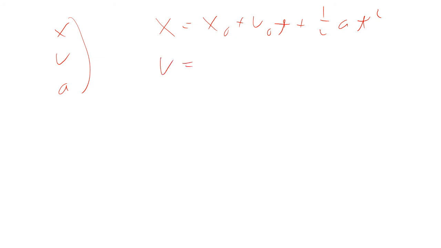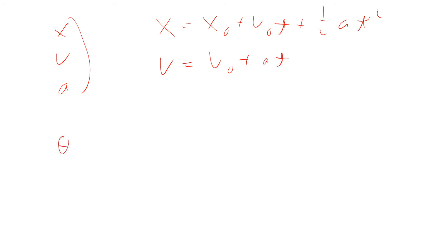Since x, v, and a all relate to each other in such a way that we have the equation x equals x naught plus v naught t plus 1/2 a t squared, which we derived way back in chapter 2, and v, the derivative of that equation, v equals v naught plus a t.